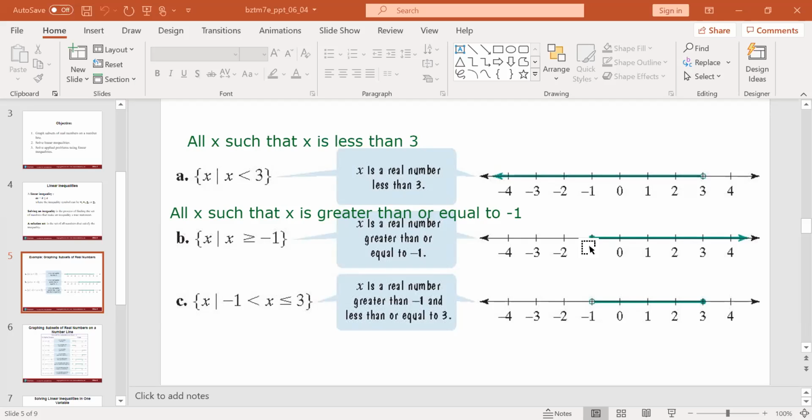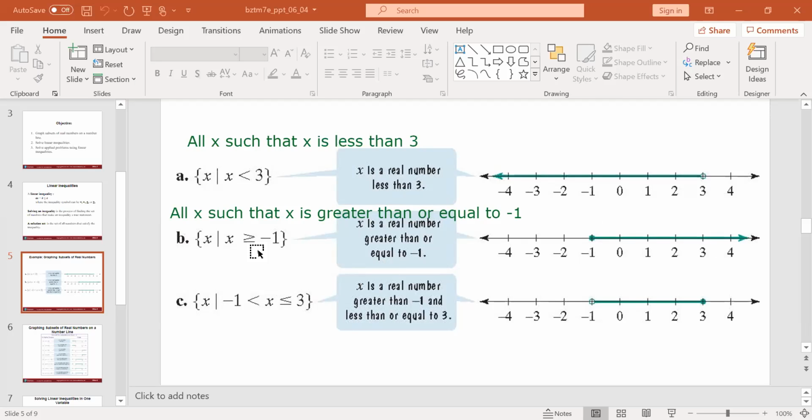So as you see now, -1 is kind of the anchor, it's the important value. We shade everything to the right of it because we want everything greater than or equal to -1. And now we can include the -1 because it's or equal to. So -1 is allowed. And so now we don't use an open circle, we use a closed circle saying that the -1 is itself an allowable value. And it's just about that simple.